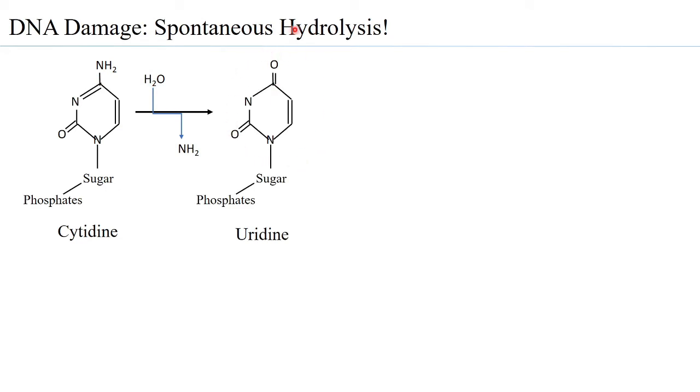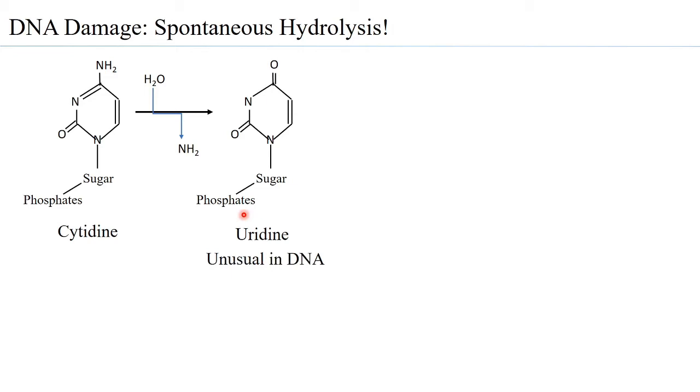Now when you look at this nitrogen base, it is now uracil. So what has effectively happened is that cytosine has been converted into uracil, and so the nucleotide that you're getting is uridine. Now, uridine is an unusual nucleotide in DNA.